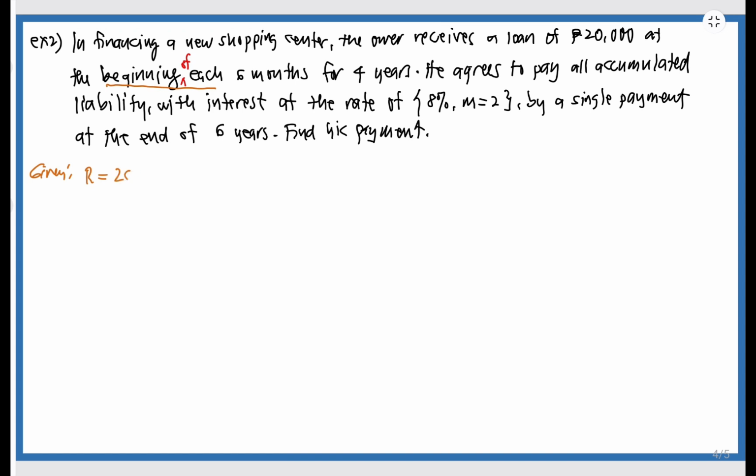The rate is 8% per annum compounded semi-annually, so I is 0.08 over 2, which is 0.04. N is 4 years times 2, so 2 times 4 is 8 payment periods.